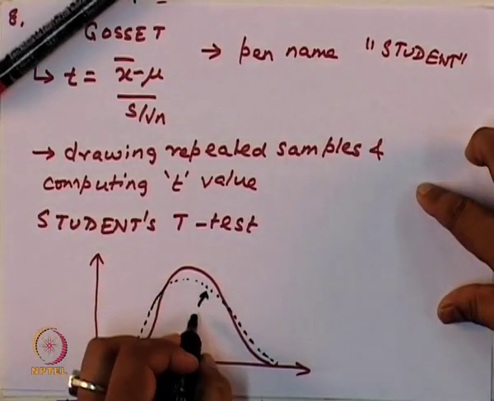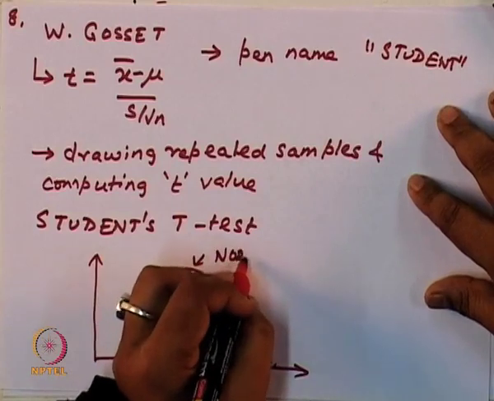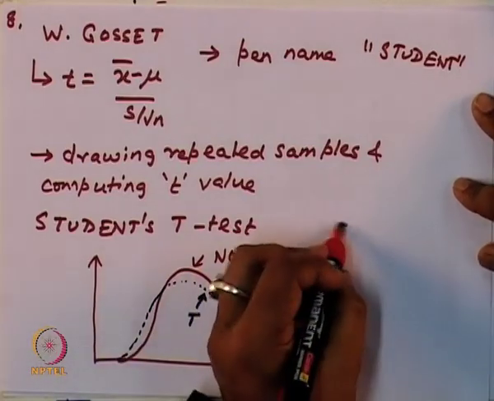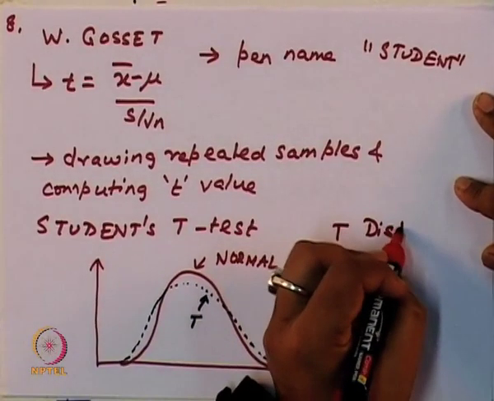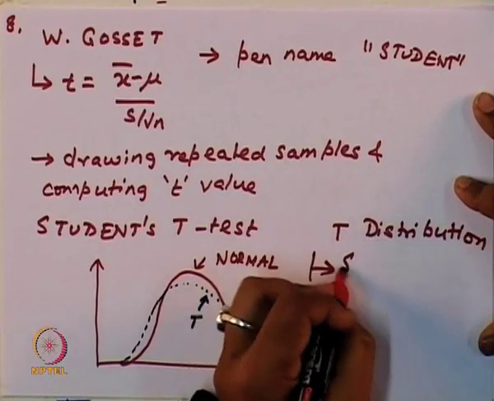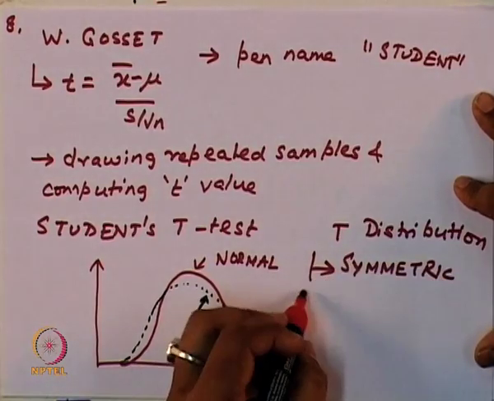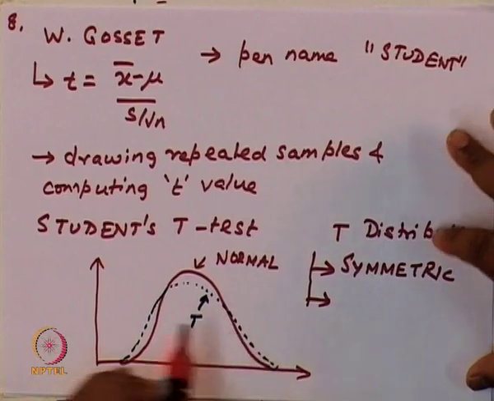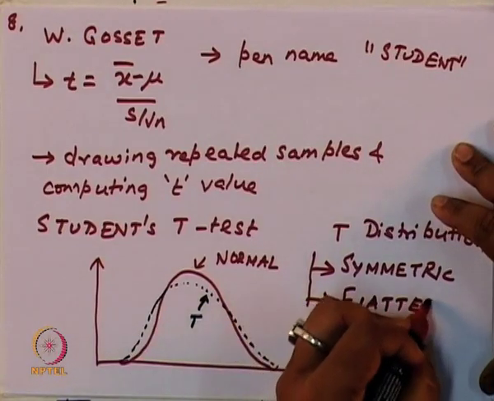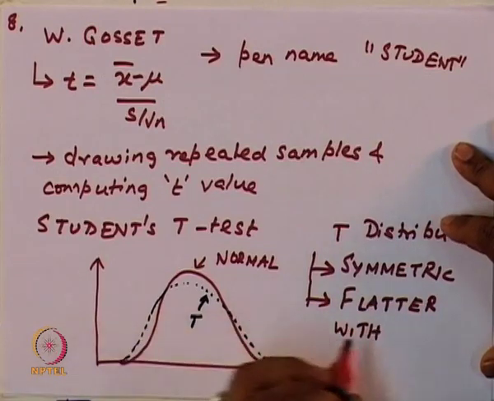So, this is your T and this is your normal. What you can see for the T distribution is that it is symmetric, but it is flatter, with heavier tails.